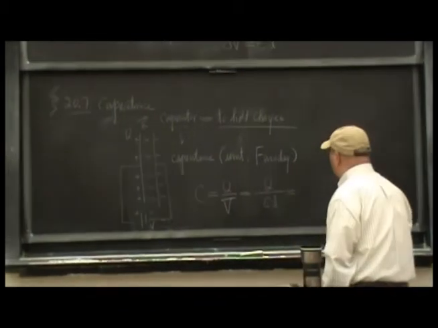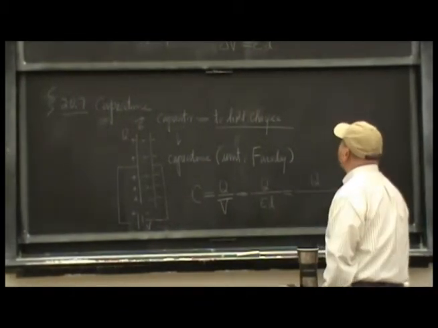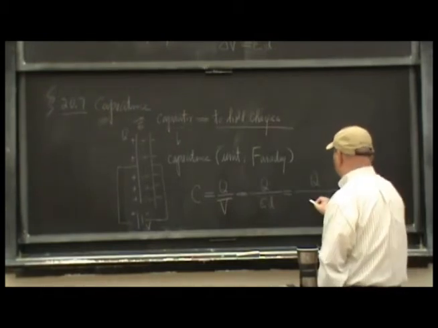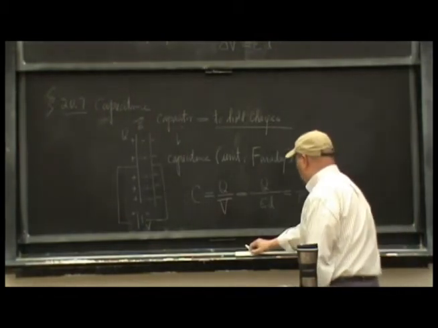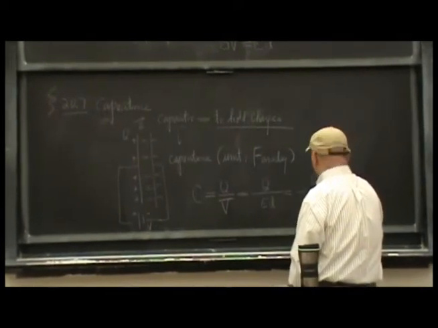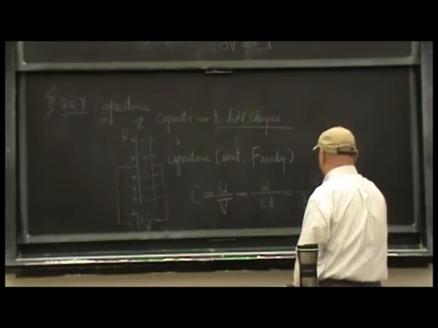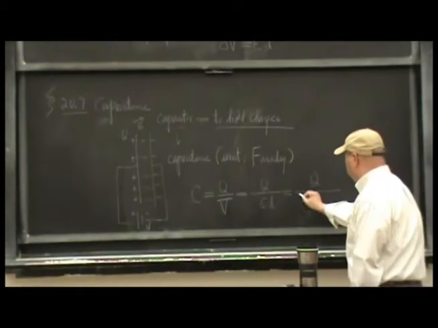So here is Q, and here is E times D, in which case E is equal to 1 over epsilon sub 0 times sigma, times D.